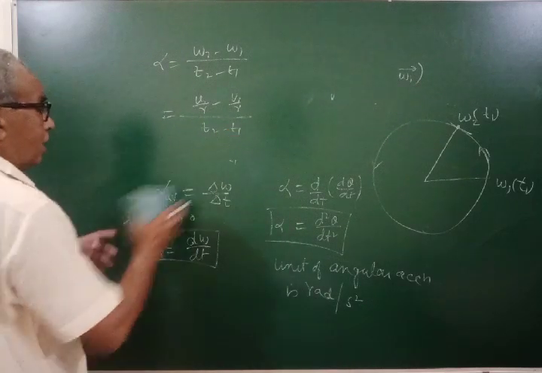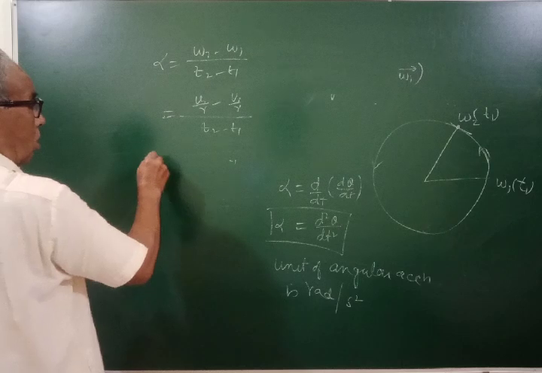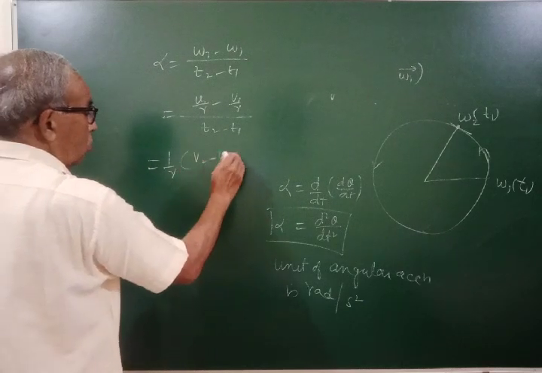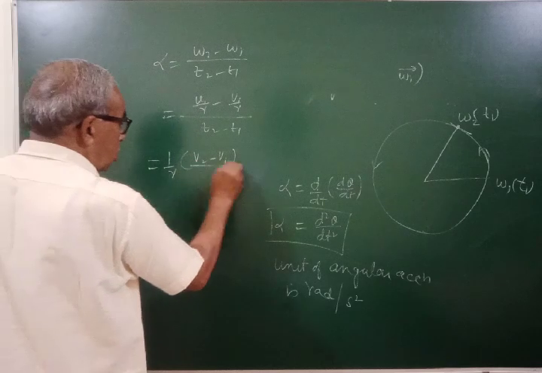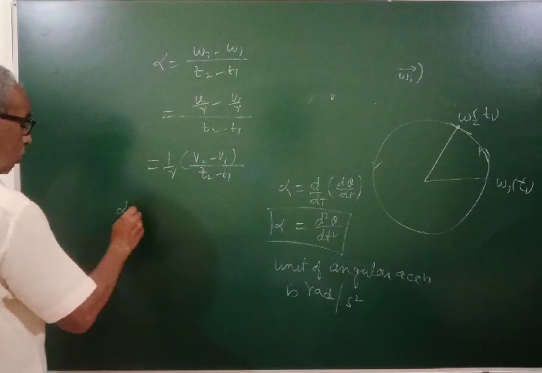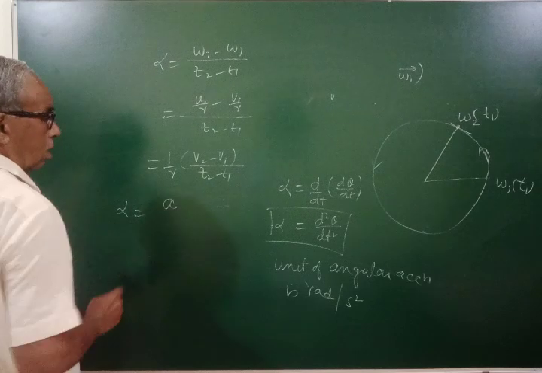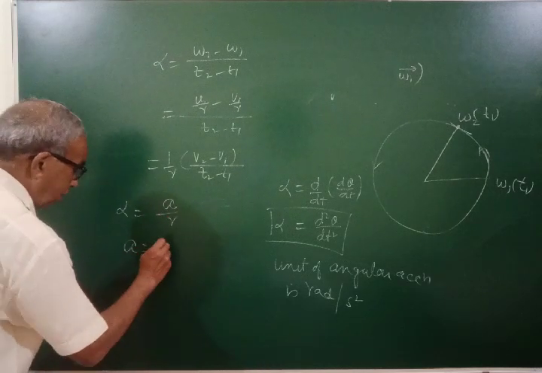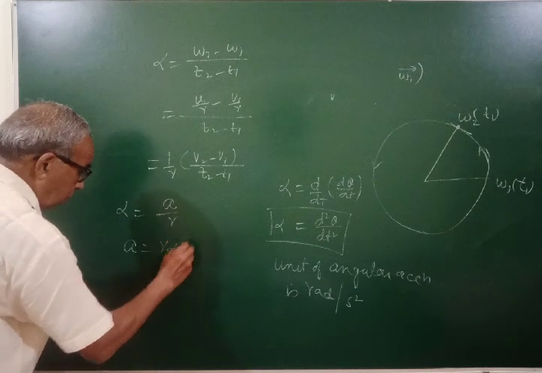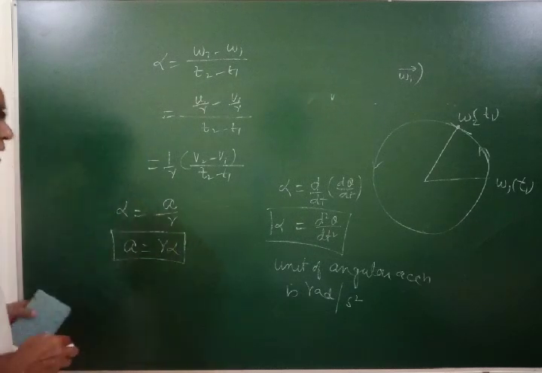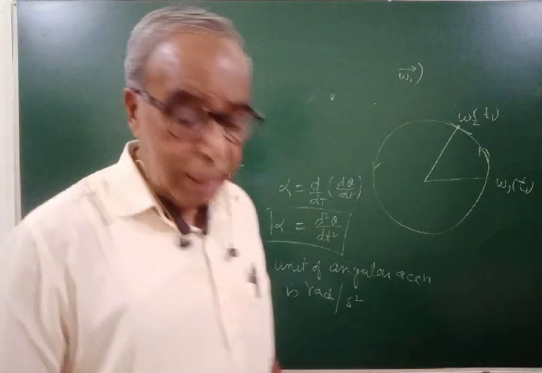So we can write it as 1 upon r into v2 minus v1 upon t2 minus t1, or alpha equal to a upon R, or a equal to R alpha. This is the relation between linear acceleration and angular acceleration. It will be used while studying rotatory motion.